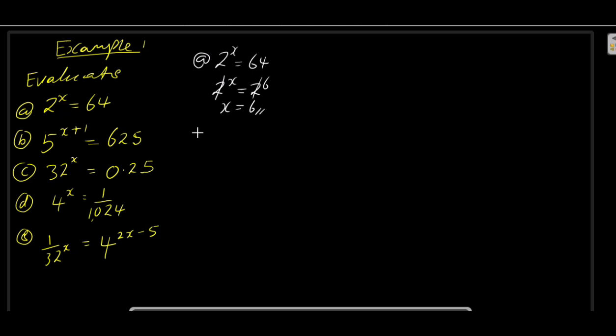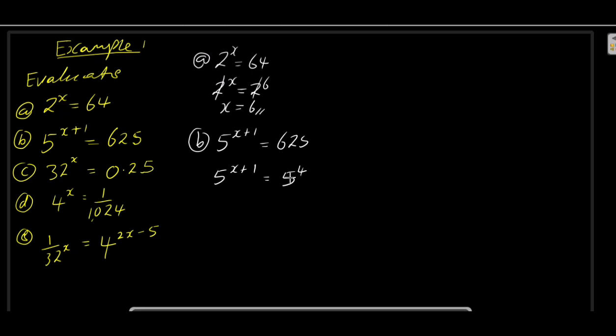The second question, B, says evaluate 5 raised to the power of x plus 1 equals 625. Now the base here is 5. Therefore, let's make this side also have base 5. So 5 raised to the power of what will give us 625? 5 raised to the power of 4 is going to give us 625.